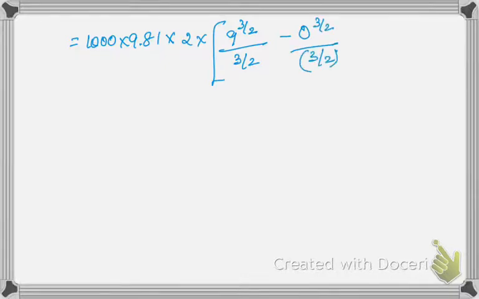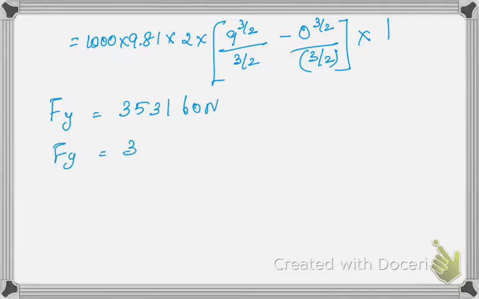So I am just applying the limits into 1, and by simplifying I will be getting the answer of my Fy is equal to 353160 Newton, and my Fy is going to be 353.160 kilonewton. So I have determined the value of my horizontal thrust and vertical thrust.